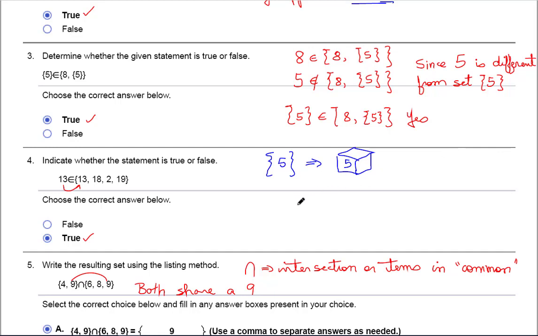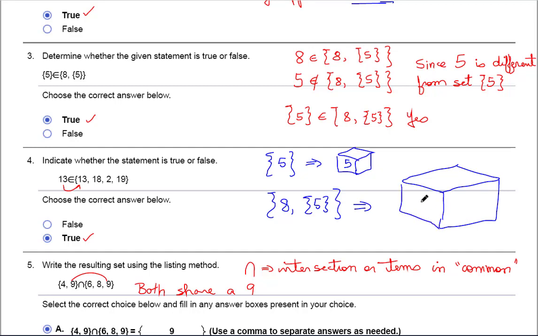I have the other box, which is 8, and then 5 in another box. So thinking of that, I've got this bigger box now. And in this bigger box, here's 8. And inside of the bigger box is a smaller box, and this box contains 5.